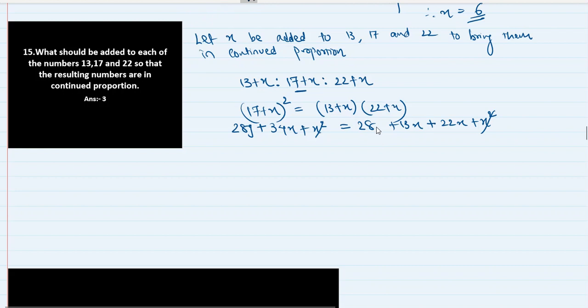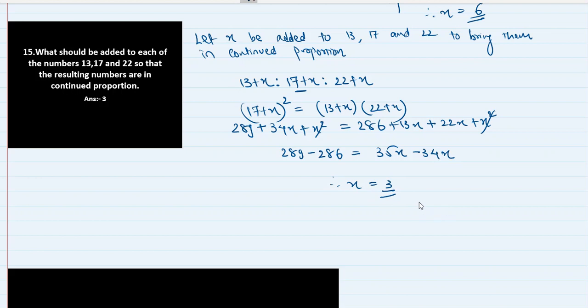Okay, so here you will get 289 minus 286 is equal to 13 plus 22, it will be 35x minus 34x. Therefore, x is equal to 3. That means 3 must be added to each of the numbers so that the resulting numbers are in continued proportion.